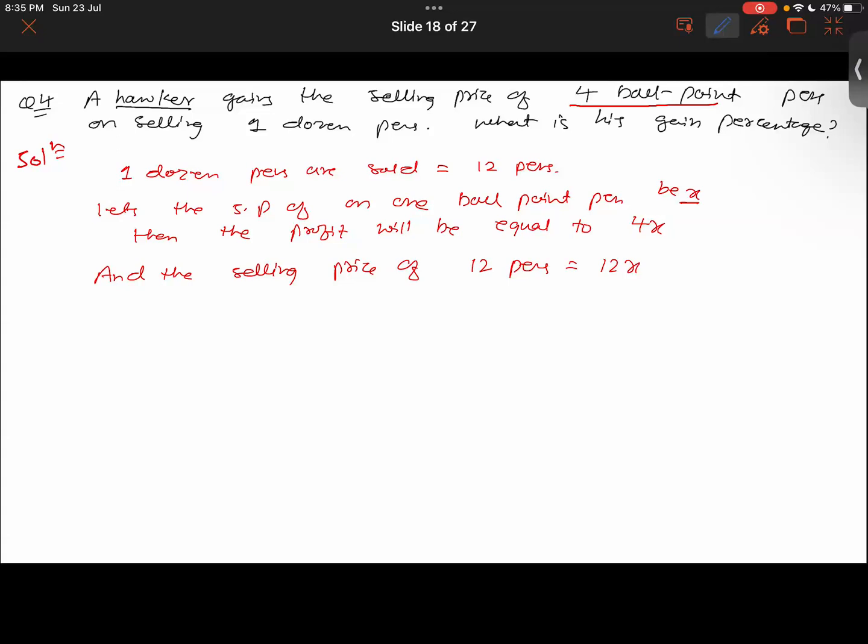Look, read the question carefully. It says that there's a trader, there's a hawker who gains the selling price of 4 ballpoint pens on selling 1 dozen pens. He is selling 1 dozen pens, and after selling 1 dozen pens, he is gaining the selling price of 4 ballpoint pens.